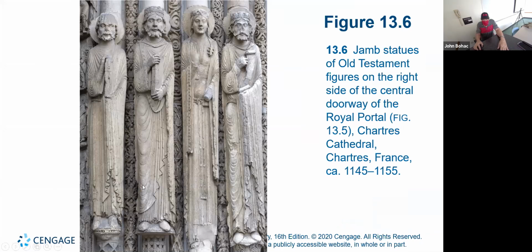Some more jamb statues and sculpture on sculpture on sculpture. One of the things they talk about in art history about Gothic cathedral sculpture is that a lot of this is kind of formulaic, which is understandable. We've seen formulaic art emerge in the Byzantine period.